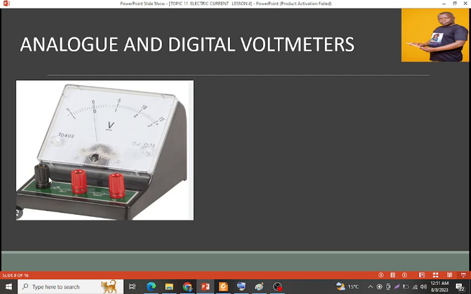The black one is the negative terminal. So you connect the black terminal to the negative of the cell or battery, while either this one here or this one, you connect to the positive terminal of the cell.